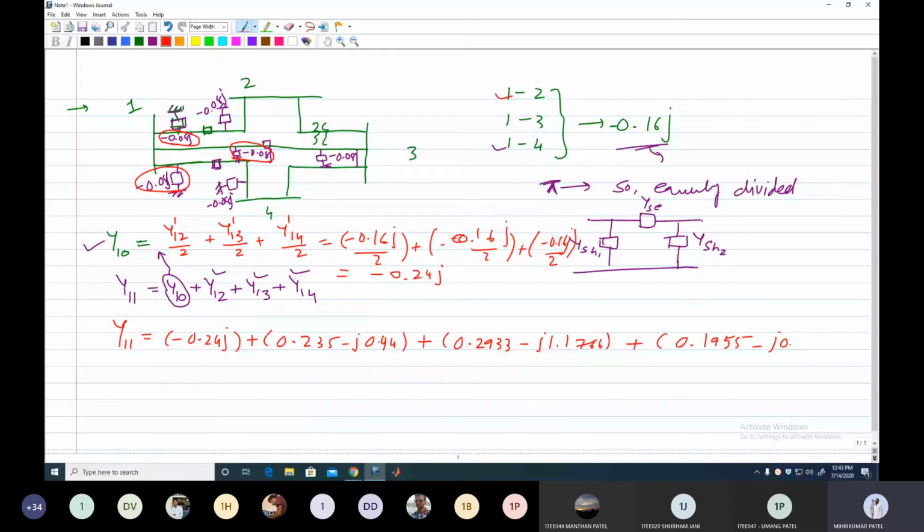Clear? So what is the final answer for y11? Yes. Final answer for y11.